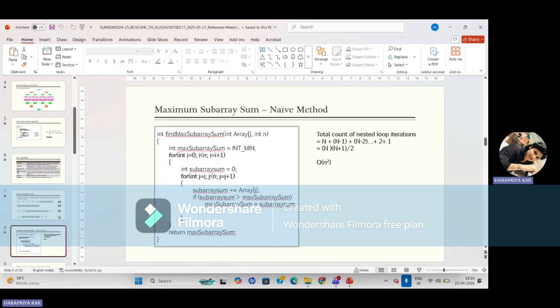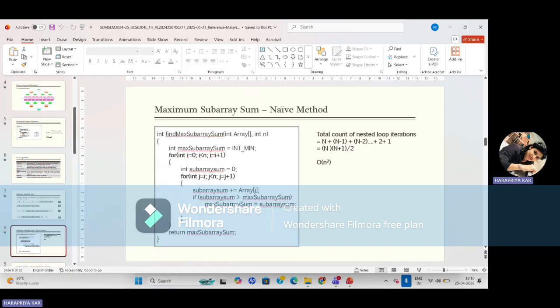Then int max sub-array sum equal to INT_MIN. Then the loop continues for int i equal to 0, i less than n, i equal to i plus 1. Then int sub-array sum equal to 0, for int j equal to i, j less than n, j equal to j plus 1.